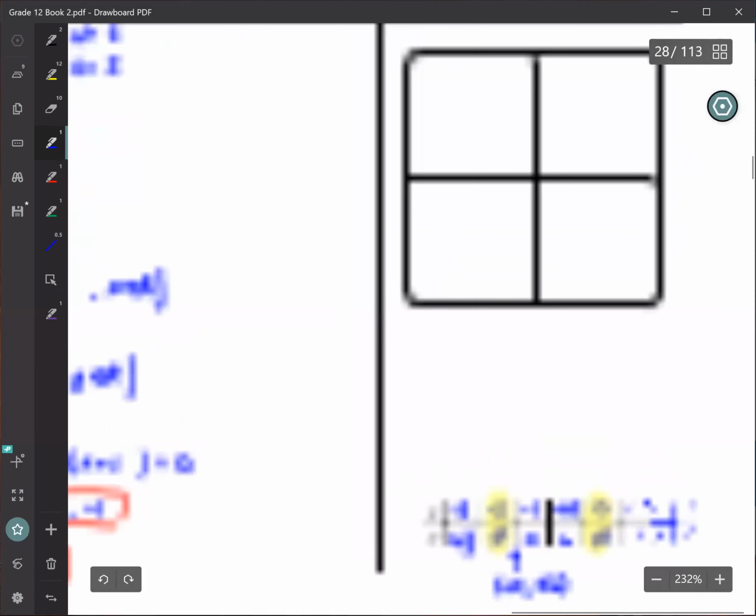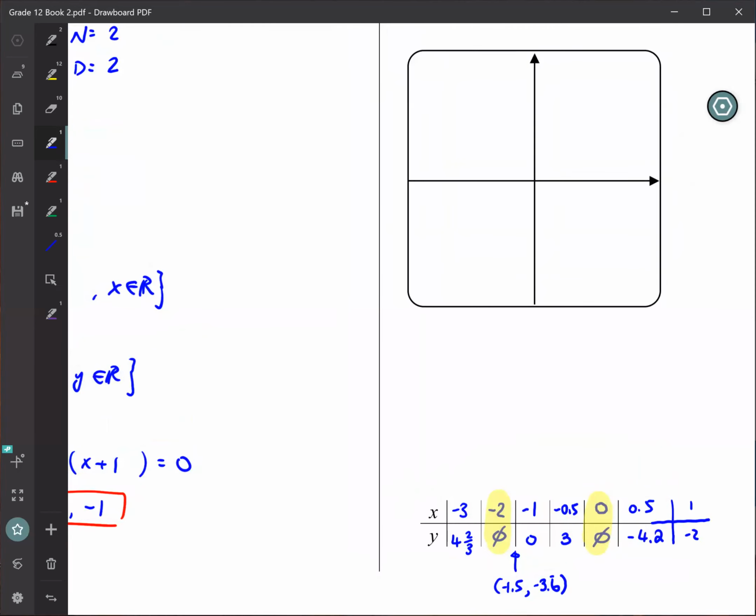So let's start with the scales first. Negative 1, negative 2, negative 3, 1, 2, 3, and then we can go up to 4, 1, 2, 3, 4. All right, and then asymptotes.